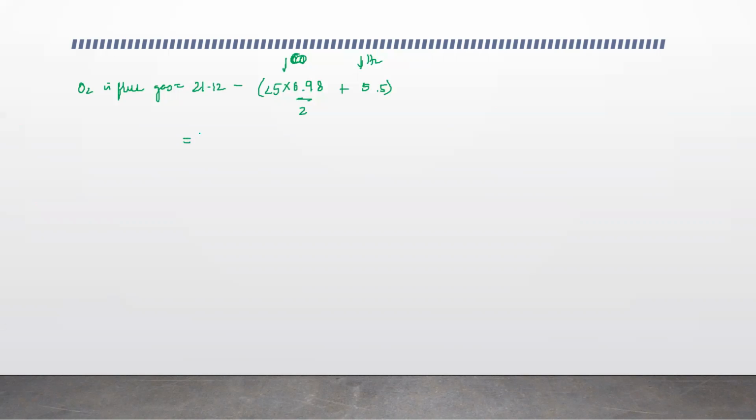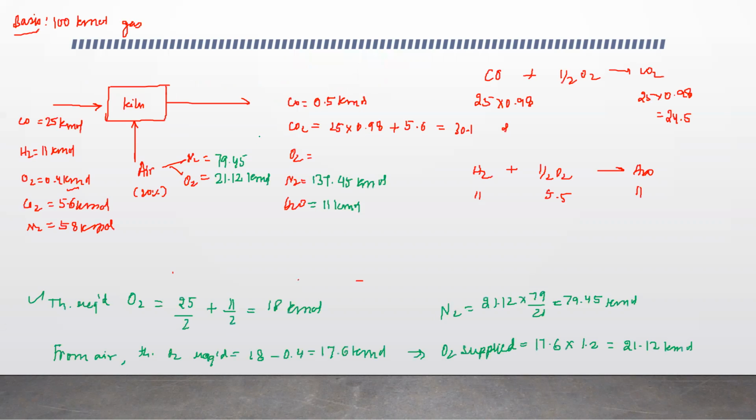Right? So the oxygen in flue gas, and also oxygen inlet is 0.4 kilomoles. So oxygen in minus oxygen consumed. So in total, it's going to be 3.77 kilomoles. That is going to be oxygen in flue gas. Right? So we have to calculate the volumetric composition. Since you need to calculate the volumetric composition of dry flue gas, you only need to consider these, right?